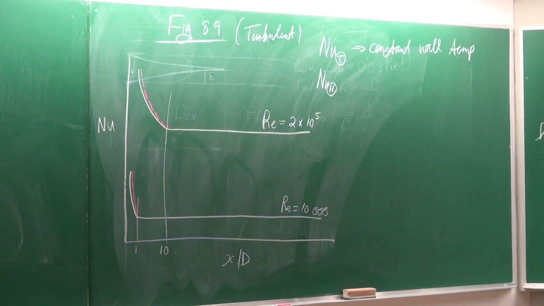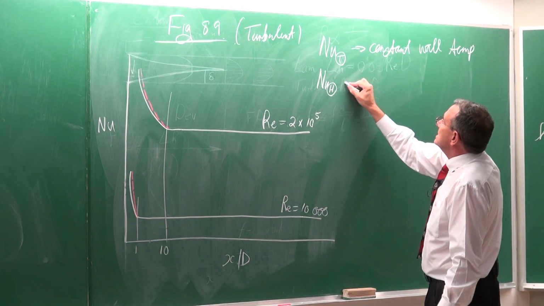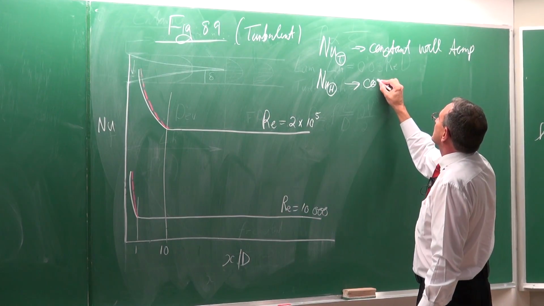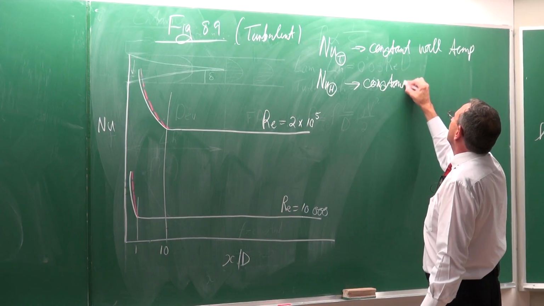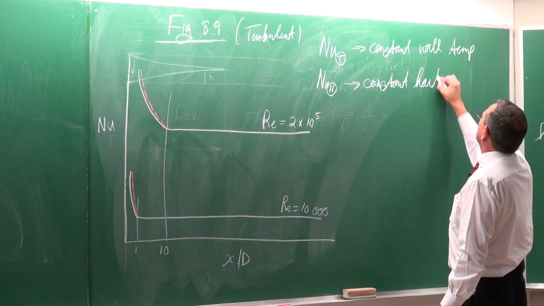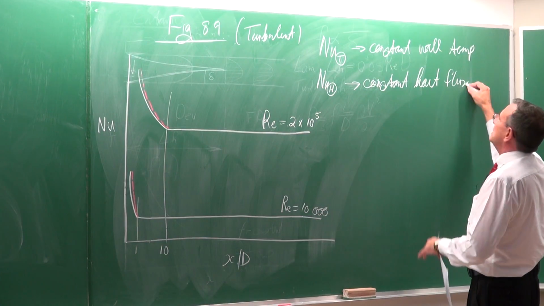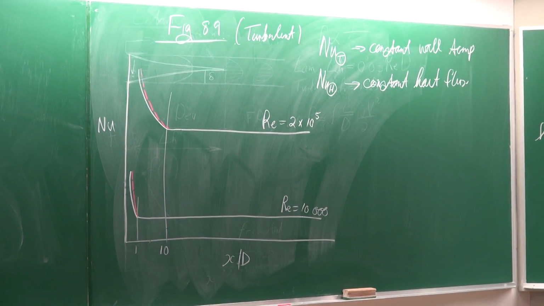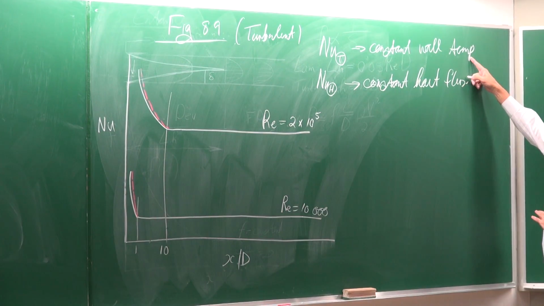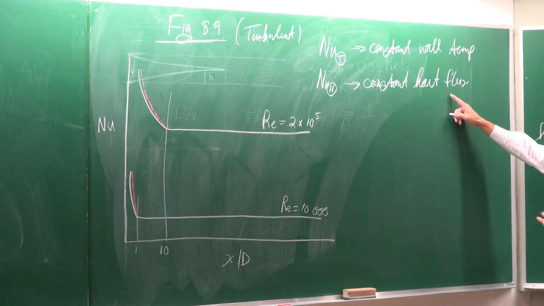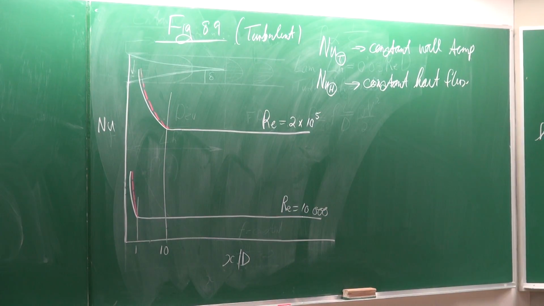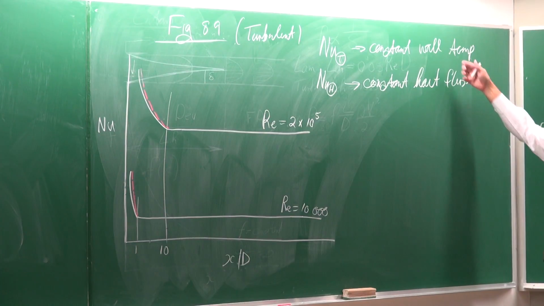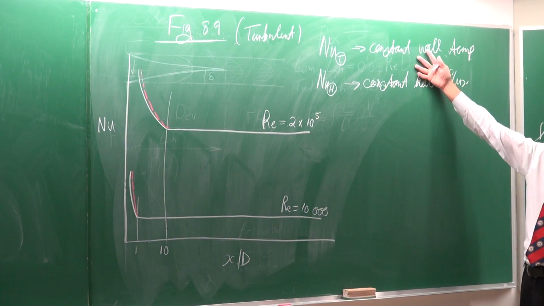So the wall temperature remains constant all the time, while this one is for a constant heat flux. And we're going to do the mathematics of these two in detail, and they are very important. The constant wall temperature cases and cases of constant heat flux. And most of the problems in industry will be one of these cases.